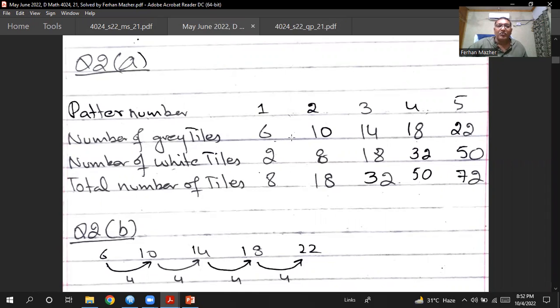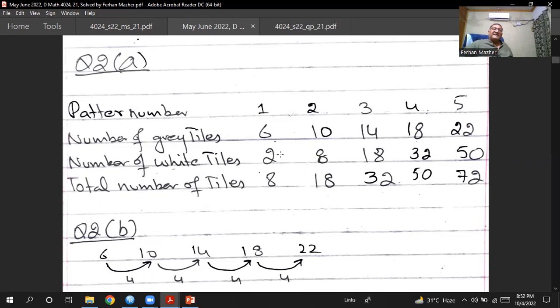If you look at the white tiles, from 2 it goes to 8, and then here is an increase of 6, then an increase of 10, then an increase of 14, and then an increase of 18.